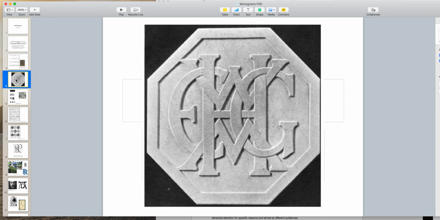We go down to a more intricate monogram using a series of letters, at least five I can see. There's an E, a G, a W, an M, and a H. This one's really intricate and would suggest it was probably from about the late Victorian Edwardian period when this was really quite fashionable.